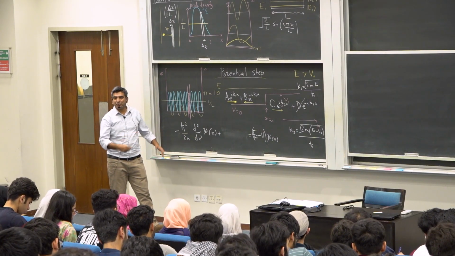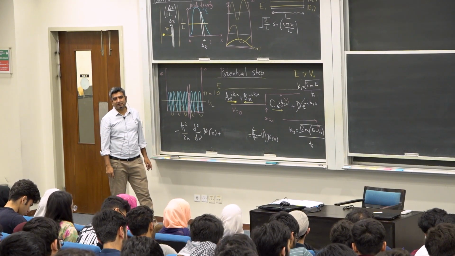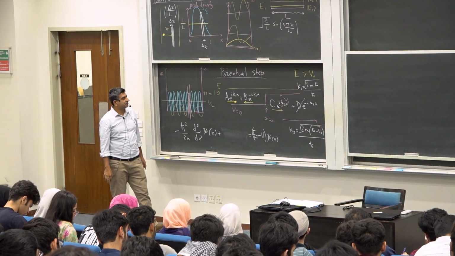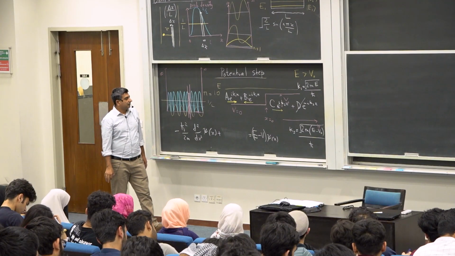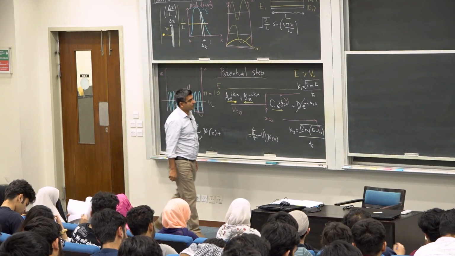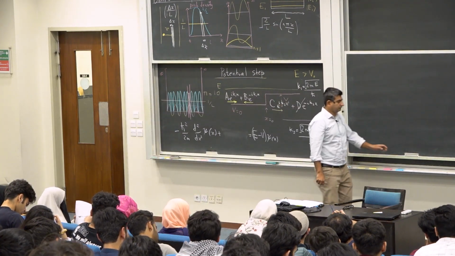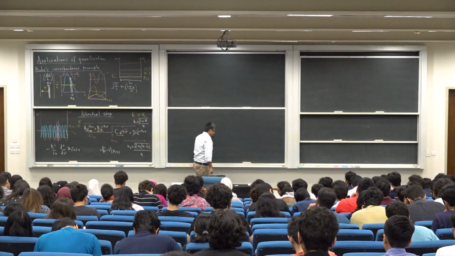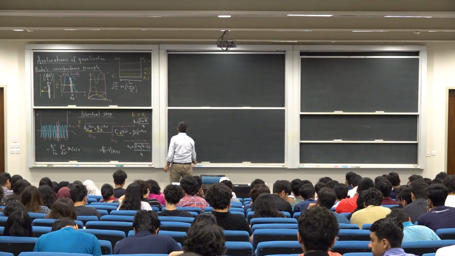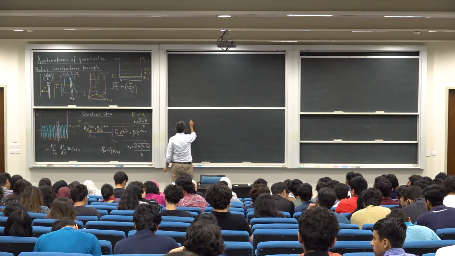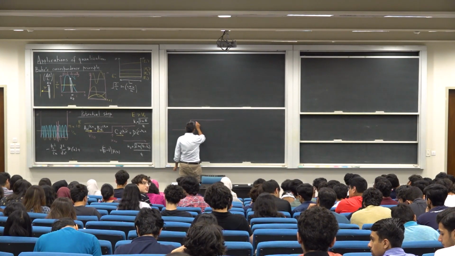So now let's plot these functions. Potential step V naught.